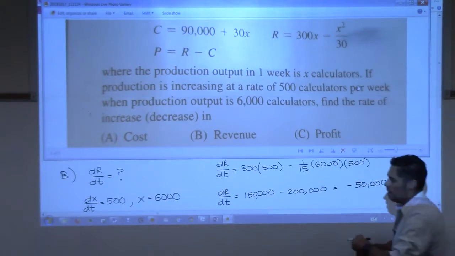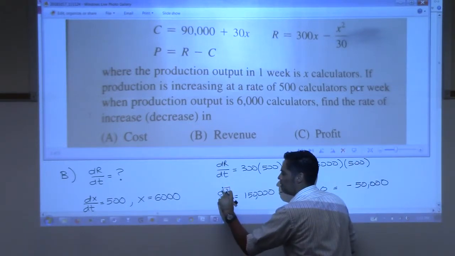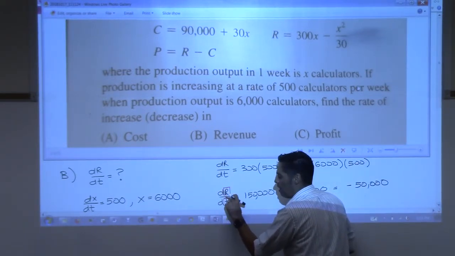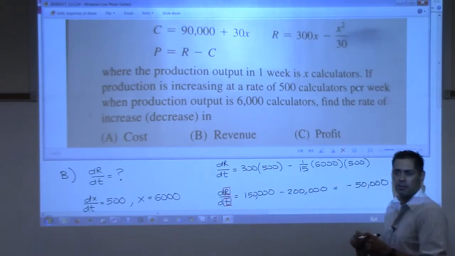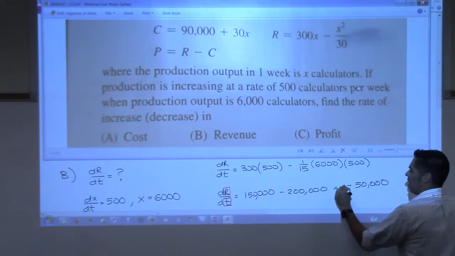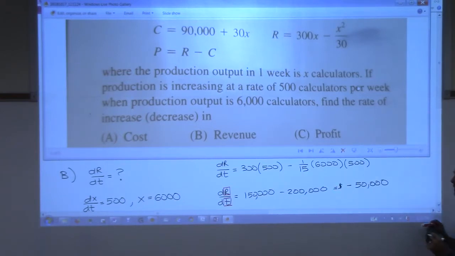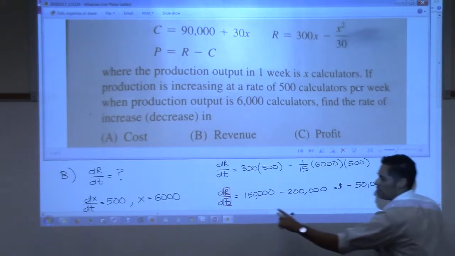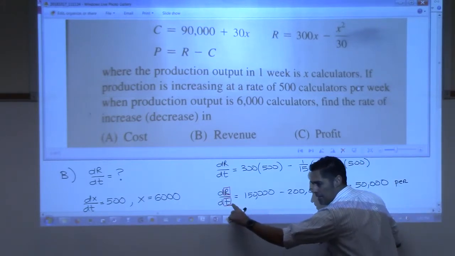It's revenue per time. What's revenue measured in? Money, which is measured in dollars. So this is negative $50,000 per, what's our time measurement in the problem? Week.